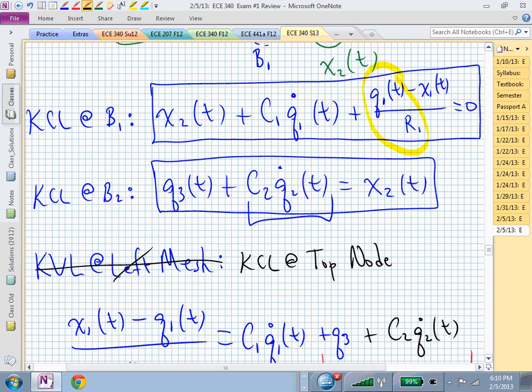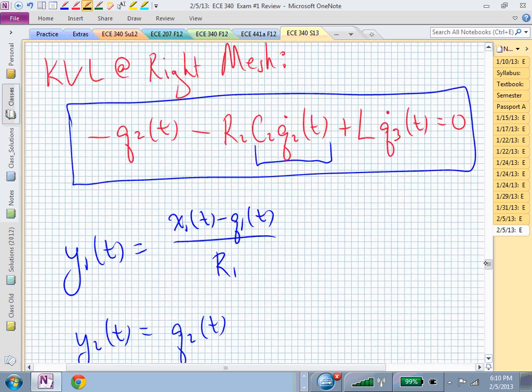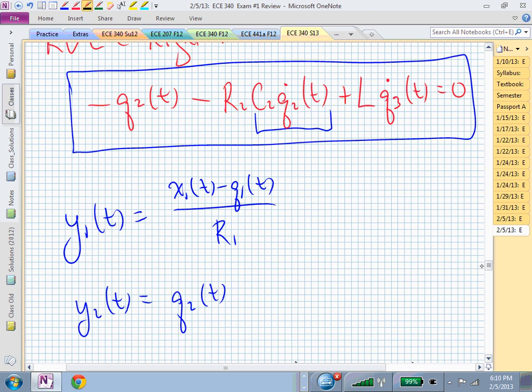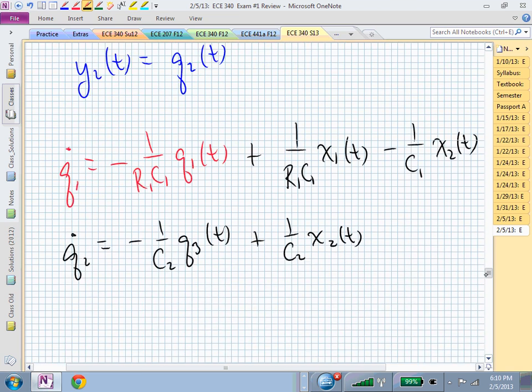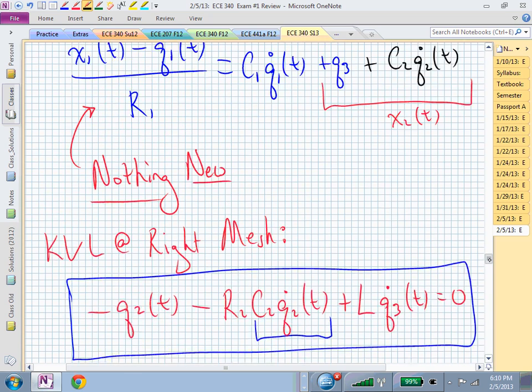And now I have my last equation right there, and I'm going to solve that for Q sub 3 dot, so I'll divide everything by L, and I have Q sub 3 dot is 1 over L times whatever I end up with.